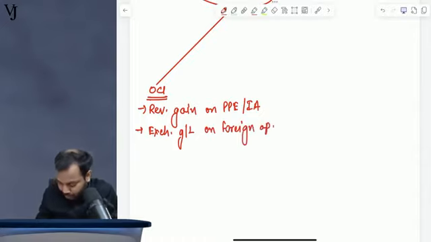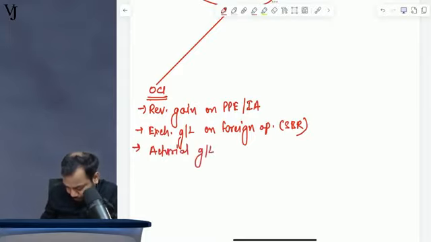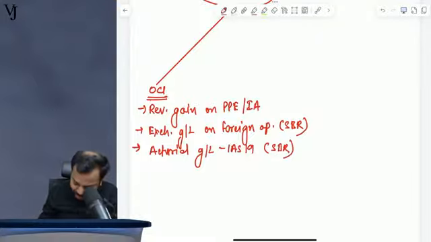It is there in SBR syllabus only, not in FR. Actuarial gain or loss, as per IAS 19, it is there in FR and SBR both.